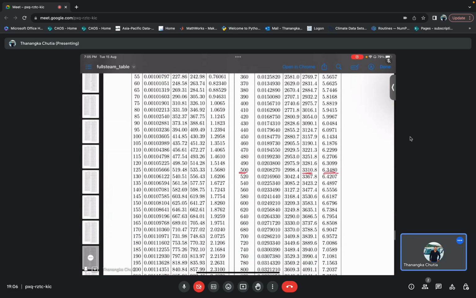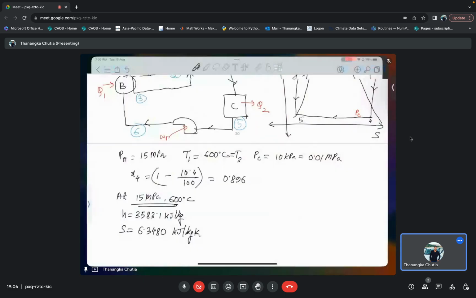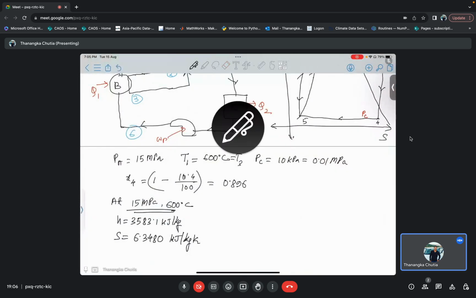Sorry, it is 6.6796 kilojoule per kg Kelvin.